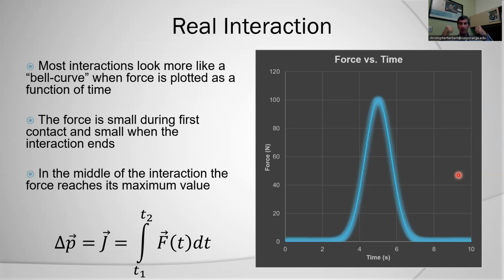It's more likely that when two objects first come in contact, the force is initially 0. And then at first touch, they start pushing on one another. They compress, reach some maximum force. And then as they rebound off one another, that value begins to decrease more and more.